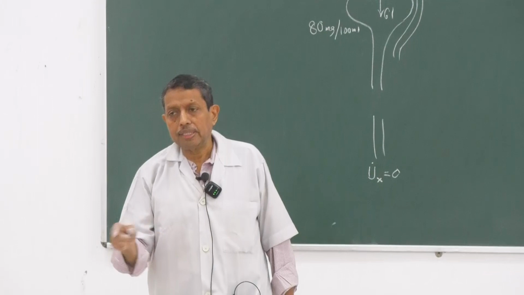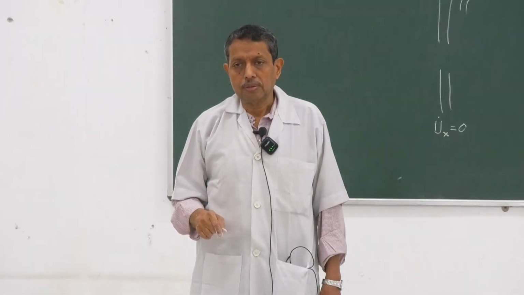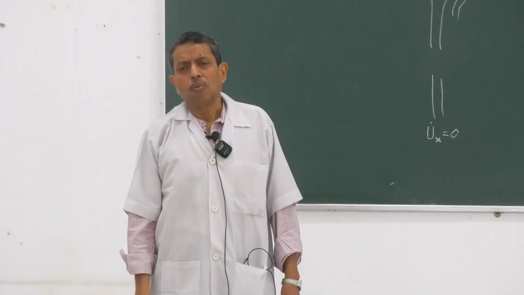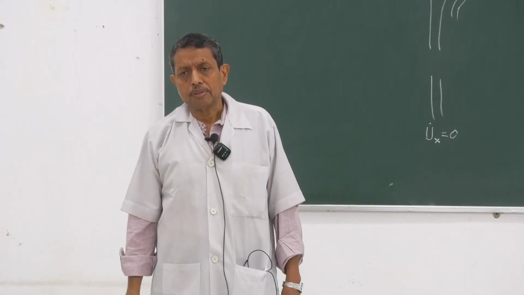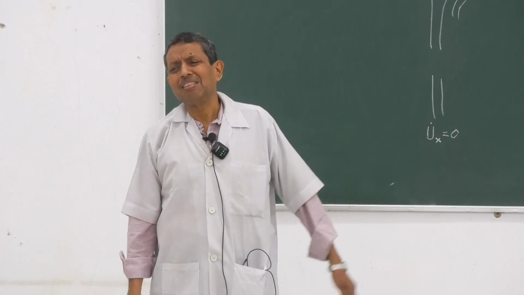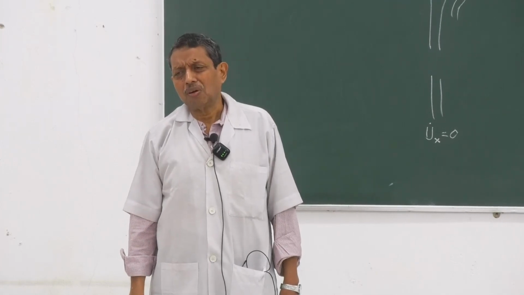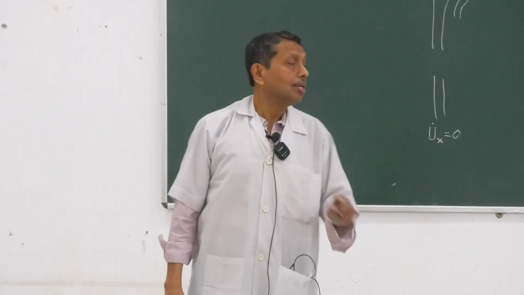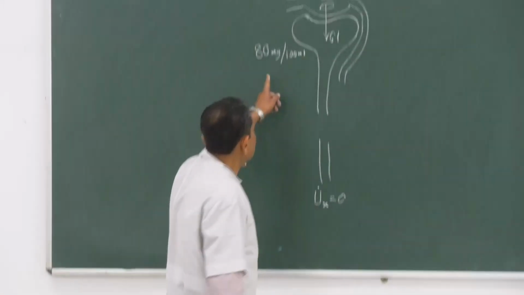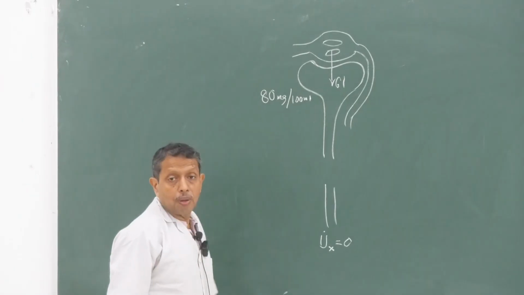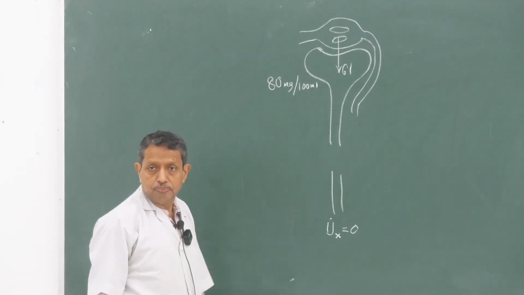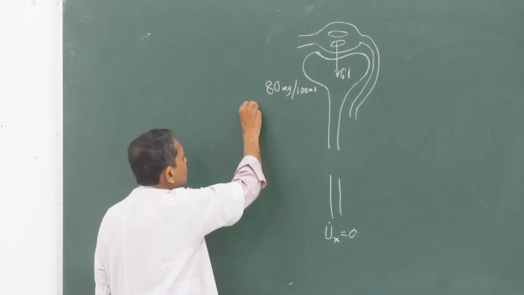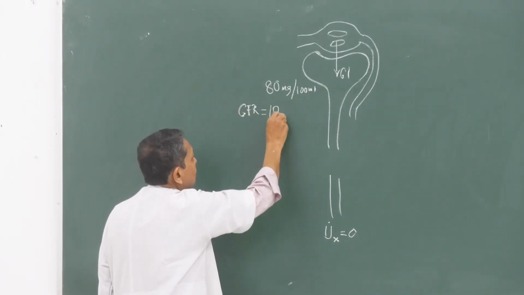In the fasting condition, it is less than 140 or so. You have learned in detail in biochemistry or in the physiology text. I am not going into that. Suppose a normal individual has a plasma glucose concentration of 80 milligram per deciliter, or 100 ml, and GFR is equal to 125 ml.